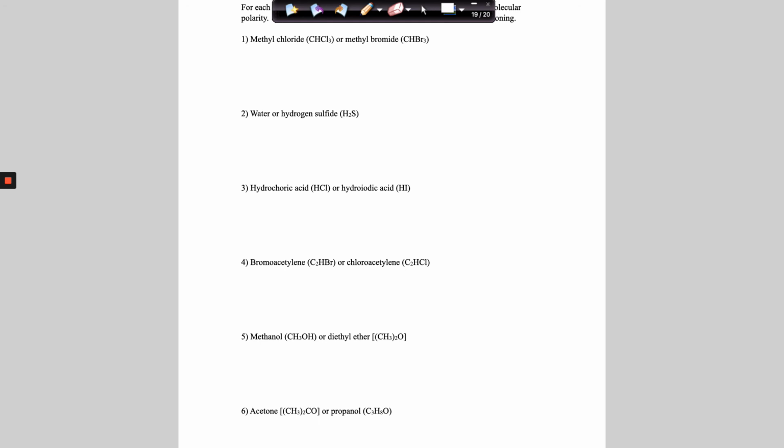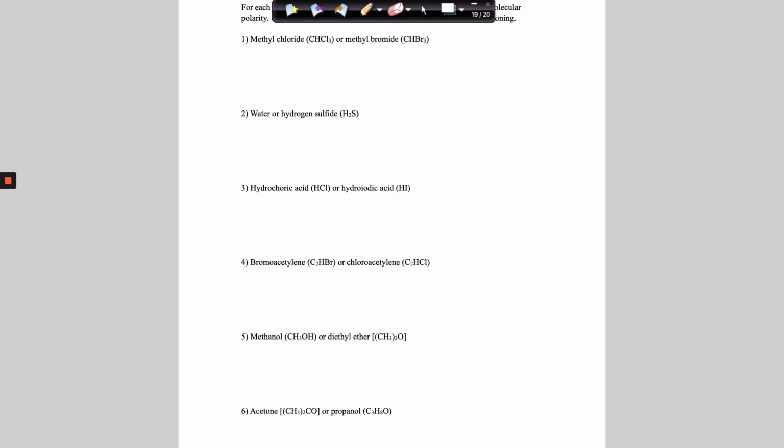You don't need to do that. The reasoning is math, right? Just like we did in the notes a minute ago. But guys, notice that there are pairs of molecules. Do methyl chloride, CHCl3, and methyl bromide, CHBr3. So do both of them, figure out their polarities, and then circle the stronger one.